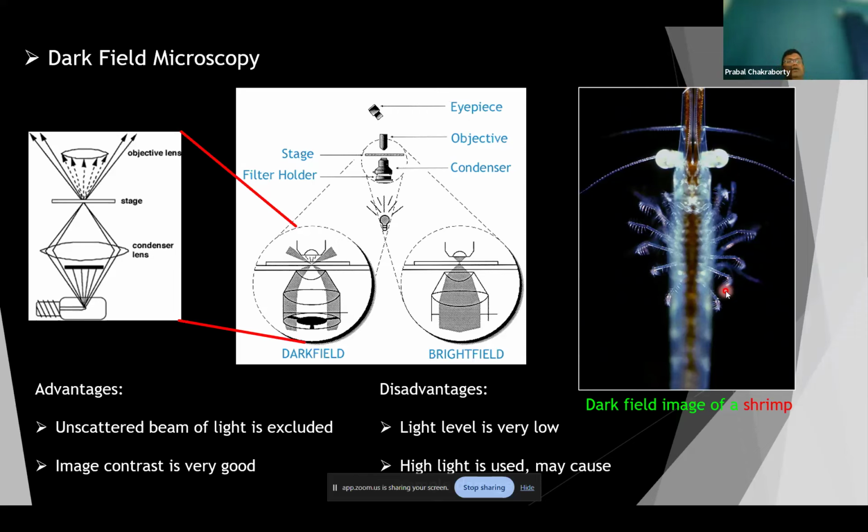That is the disadvantage of dark field microscopy. So as I told you already, based on your application requirement, you have to select which kind of microscopy technique you should go with.